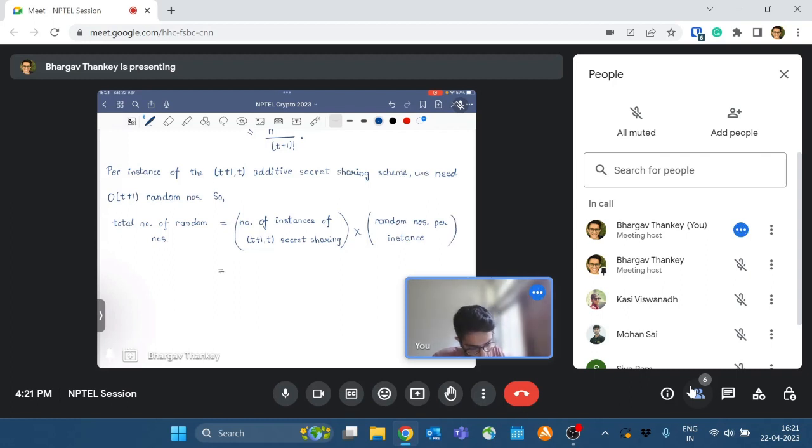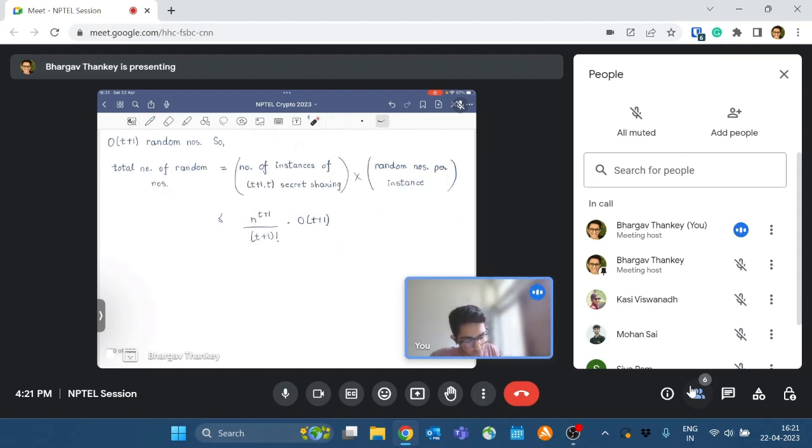And this is upper bounded by n to the t+1 over (t+1) factorial times order t+1. Now I want to upper bound this again. Notice that order t+1 is much less than (t+1) factorial, so I can upper bound order t+1 by (t+1) factorial.